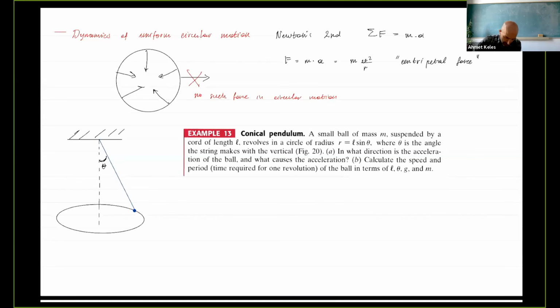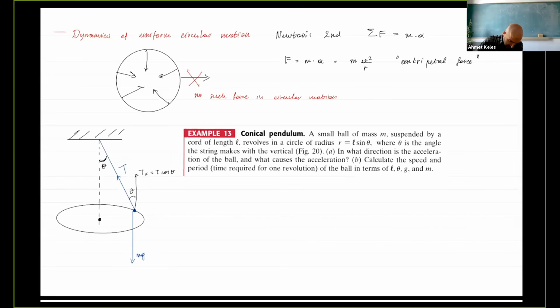Let's draw maybe a free body diagram and see. I would start with some mg, and there's some tension T, and that's all I need, right? So this tension has two components. If that angle is theta, this angle is also theta, and the vertical component Ty should be T cosine theta.